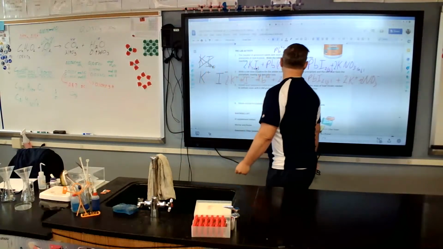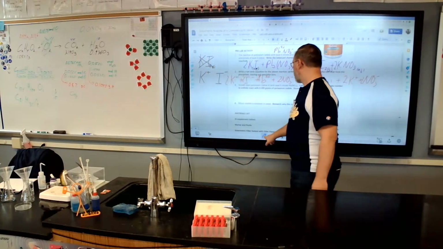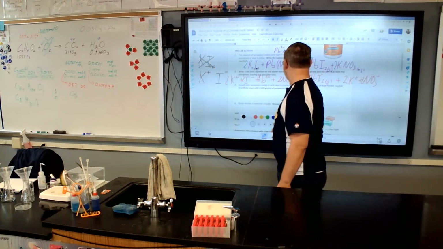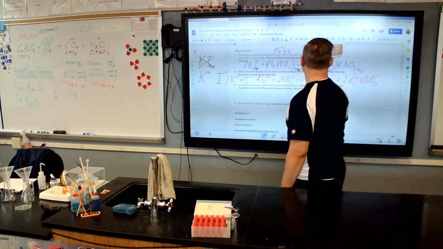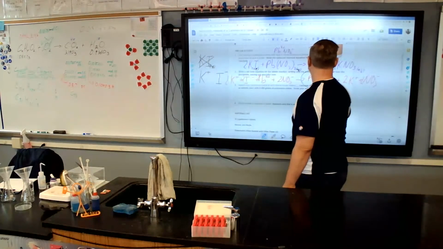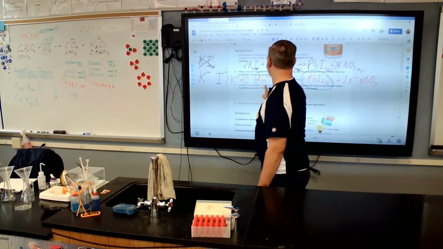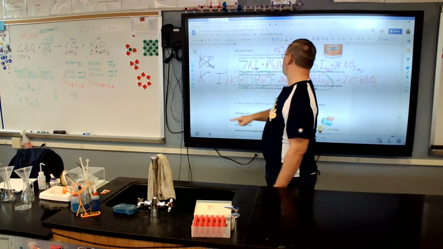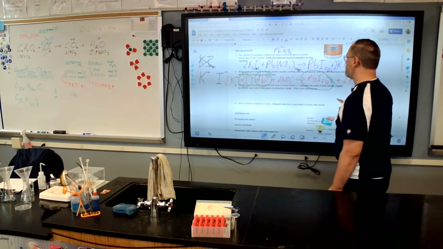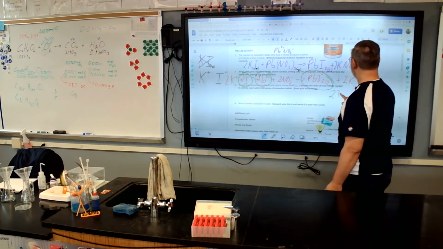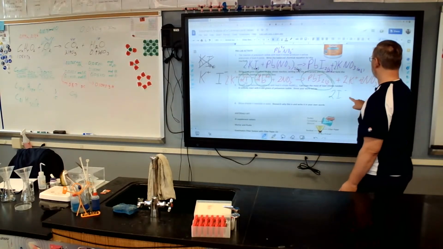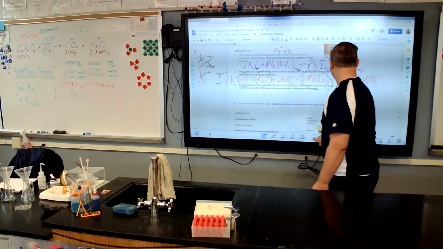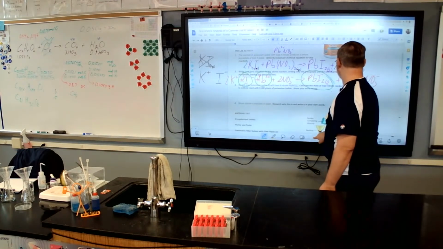So you look at this and say, well, the net ionic equation is only the ions that made up the precipitate. That, and that. So the net ionic equation becomes, actually, let's do this properly. Let's put the cation first.